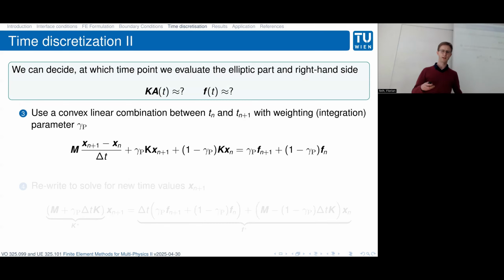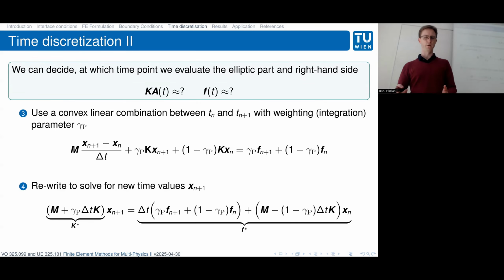And then we can decide at which point we want to evaluate the elliptic part and the right-hand side. And this decision is formulated by the weighting parameter gamma p. And based on this parameter p, we can either get a fully explicit or fully implicit time stepping scheme, as you can see here.